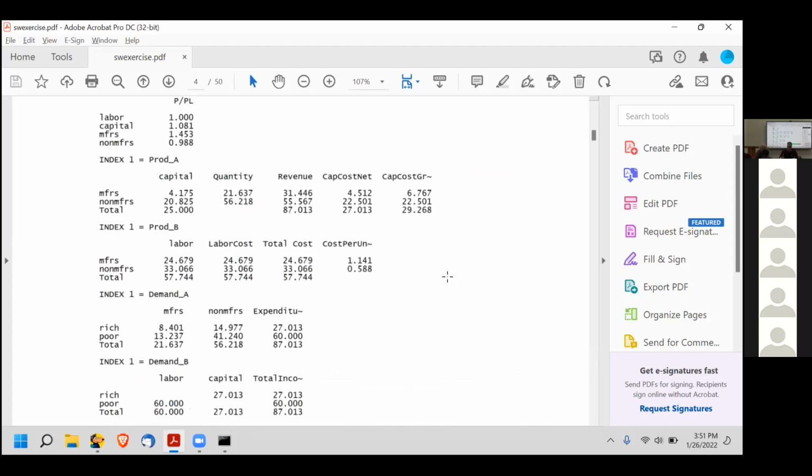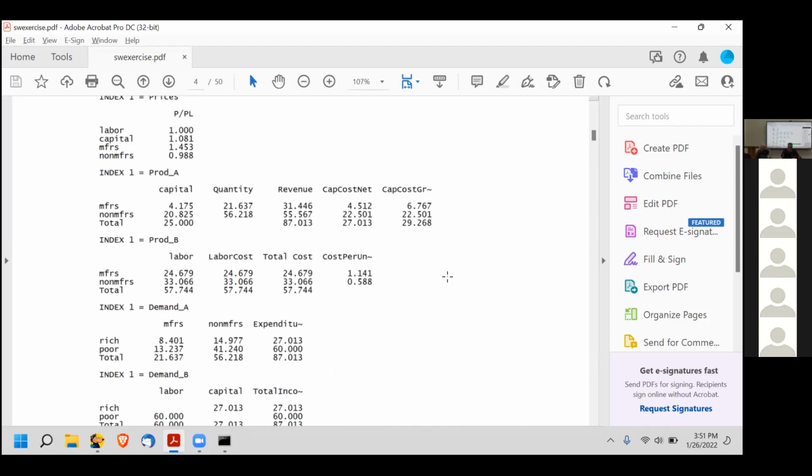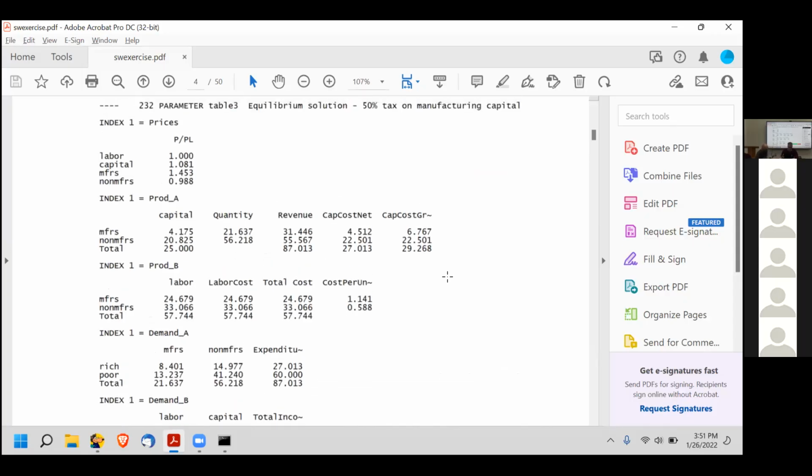So the next one is going to be prod A. And what was that prod? Index is equal to prod A and prod B. Capital.